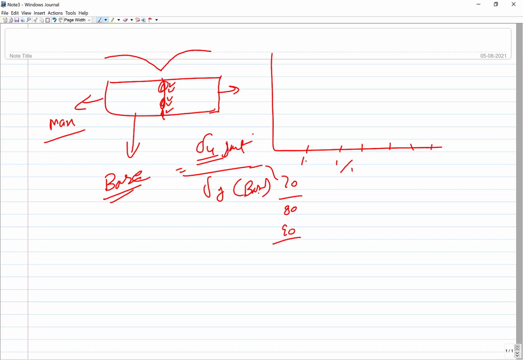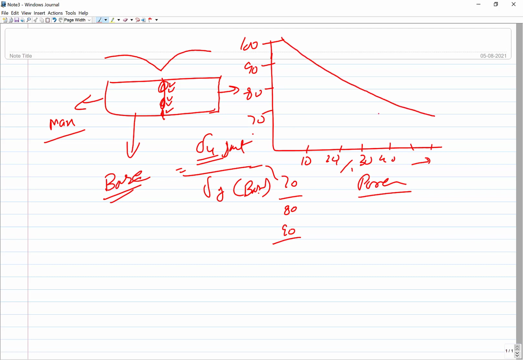So here, 10, 20, 30, 40 is the percentage of porosity if you write, and the joint efficiency starting from 100, 90, 80 or 70 like this. So you will find a decreasing trend. Joint efficiency will keep on decreasing with increasing pores.